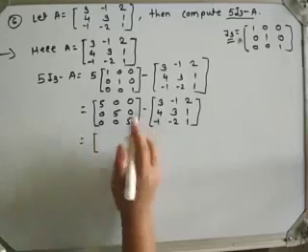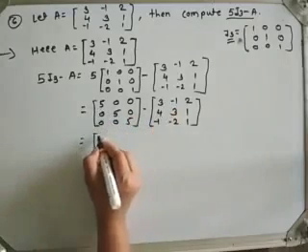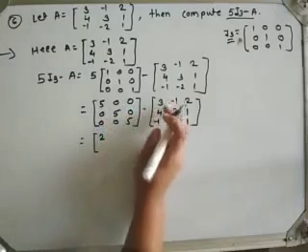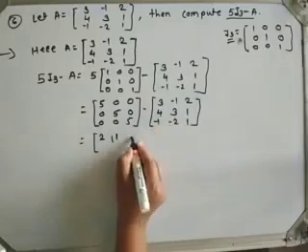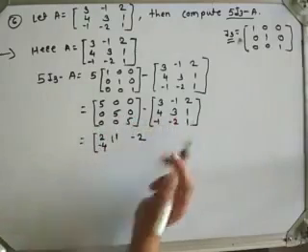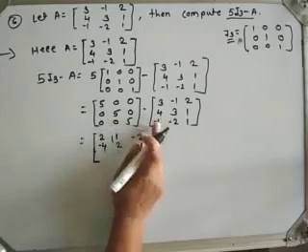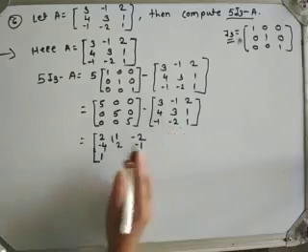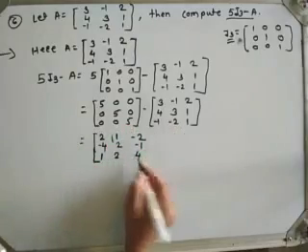For subtraction we have to subtract entries. 5 minus 3 is 2, 0 minus minus 1 is plus 1, 0 minus 2 is minus 2, 0 minus 4 is minus 4, 5 minus 3 is 2, 0 minus 1 is minus 1, 0 minus minus 1 is 0 plus 1 is 1, 0 minus minus 2 is 0 plus 2 is 2, and 5 minus 1 is 4.